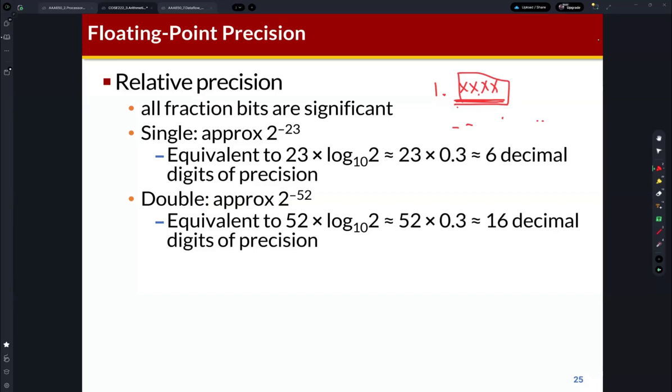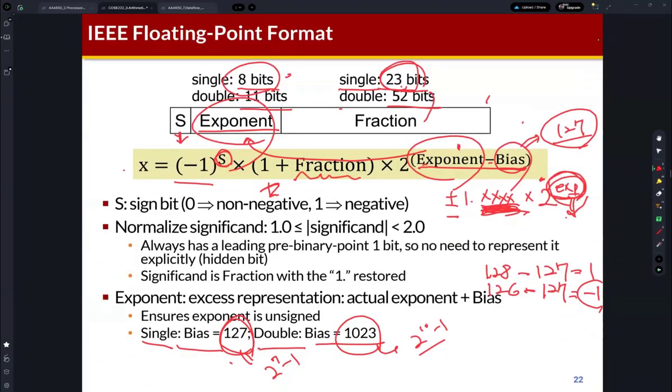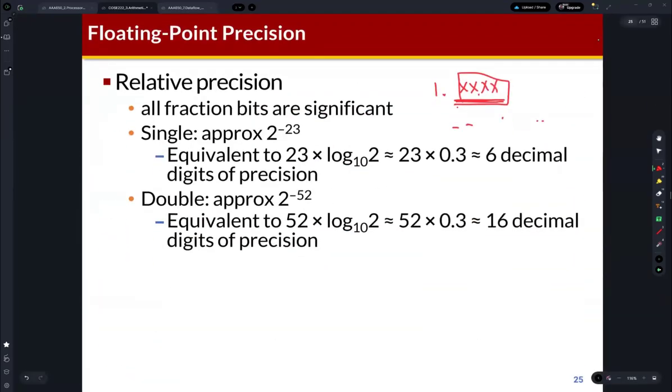So for single precision, we use 23 bits for the fraction part. So it's approximately 2 to the power of minus 23, right? When we represent this precision for a decimal number, it's similar to 6 decimal digits, okay?